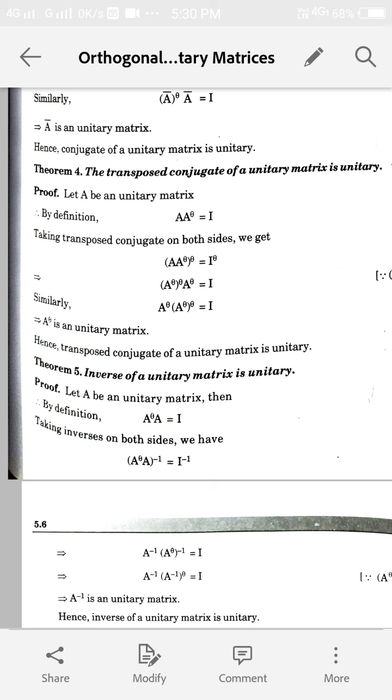And on the left hand side we are here with A theta theta into A theta. So if we consider our matrix as A theta and we have multiplied with its theta, then it comes out to be the identity matrix. Then we can say that A theta will be a unitary matrix, that we are to prove. That is, the transposed conjugate of a unitary matrix is unitary.